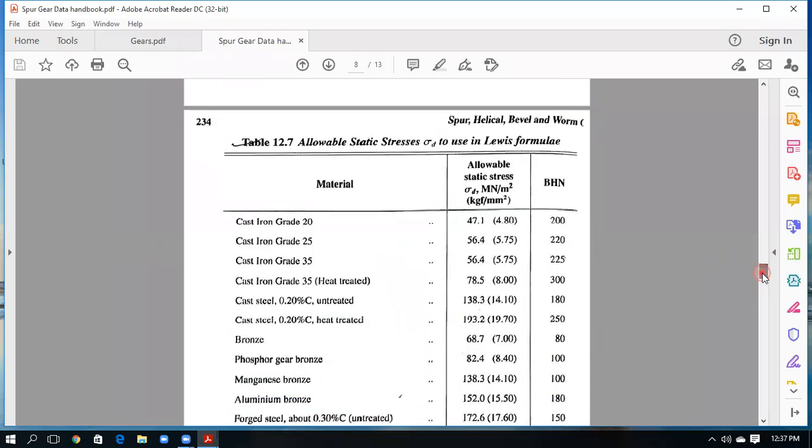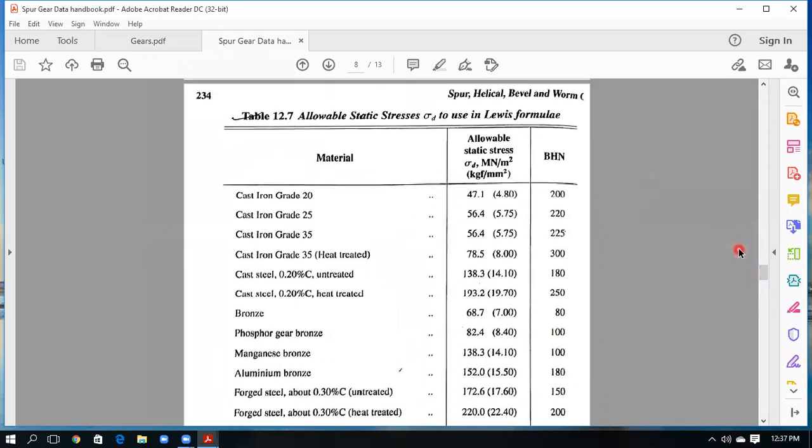Here you can see the allowable static stress, page number 234, table 12.4. From the given material, we need to note down sigma d, that is the allowable static stress.